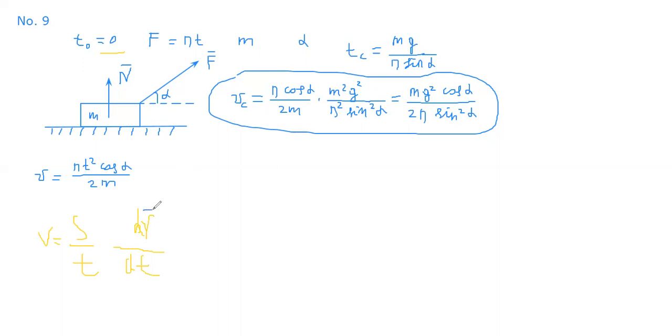This is radius vector. Yes. Actually, we have two definitions of velocity.